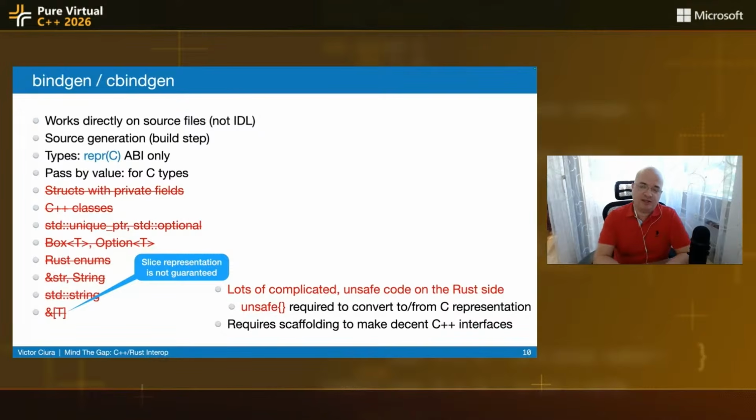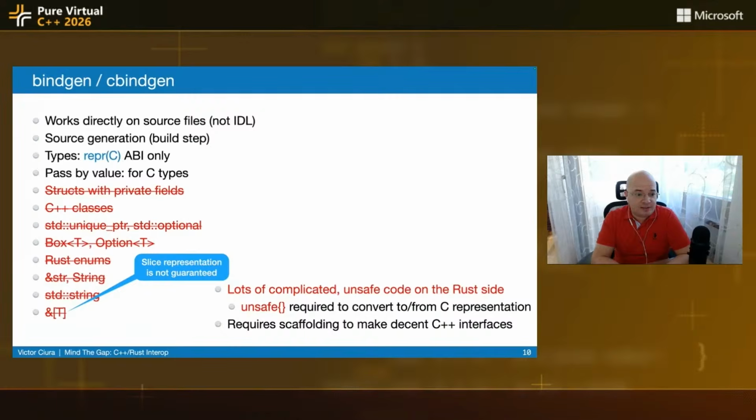This will be a recurring topic that we'll analyze with each solution. So it allows pass by value for C types, basic things, but it's not enough for most cases. We see a lot of things here that are just not available in this toolbox. Structs with private fields, C++ classes, vocabulary types such as unique pointer, optional, or their Rust counterparts, Box and Option. You cannot use really prevalent Rust features such as Rust enums, or the equivalent in C++, which would be std::variant.